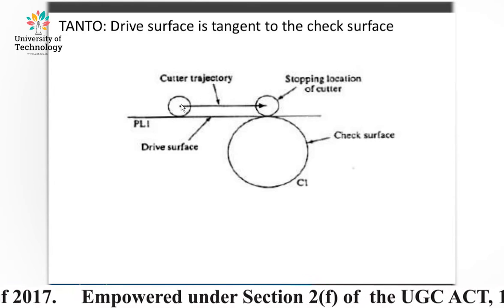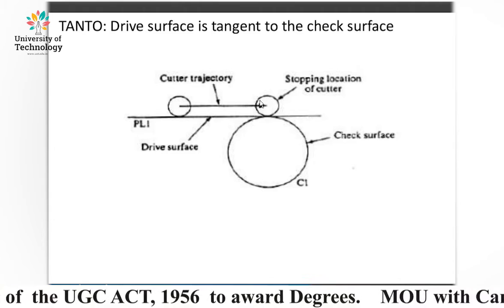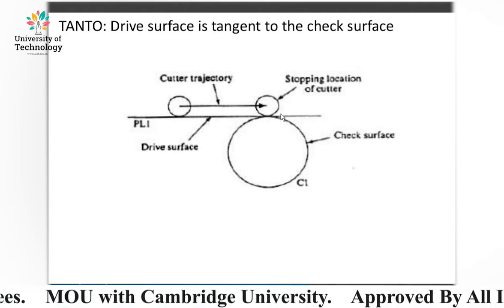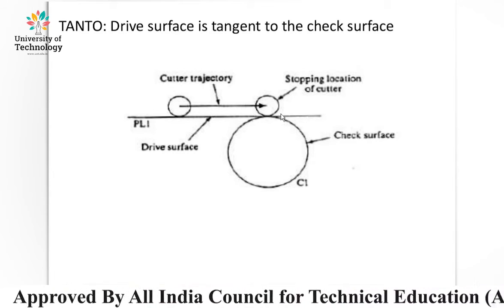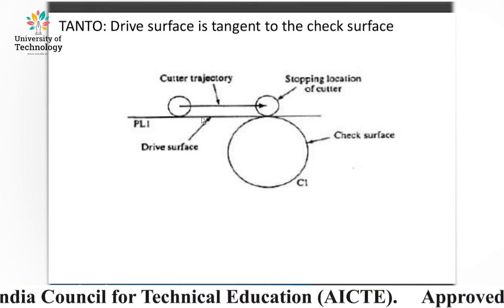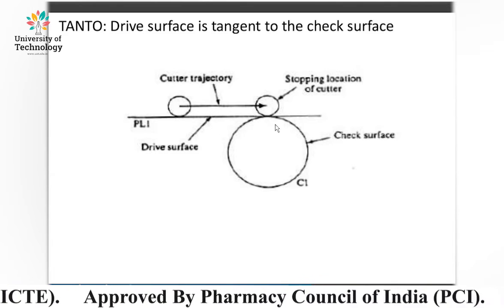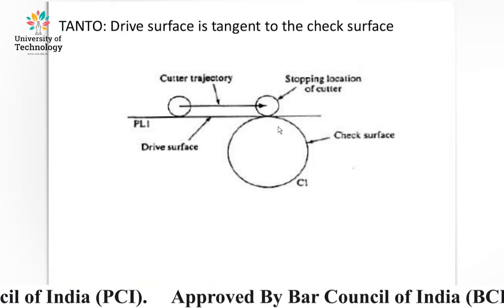The tool cutter moves from here to there and touches the periphery of the circle. That is the stopping location of the cutter, known as tan to, because that plane is tangent to the circle. That is denoted by the tan to statement.